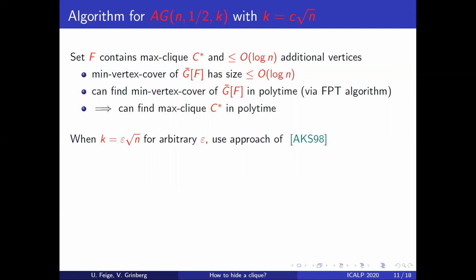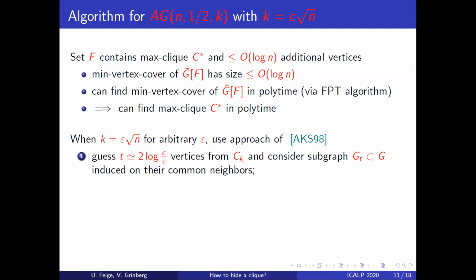To reduce the constant in front of the square root of n in the k value, we use essentially the approach of Alon, Krivelevich and Sudakov. We guess a constant number of vertices from the planted clique, trying all possible subsets, and consider the subgraph of G induced on their common neighborhood.